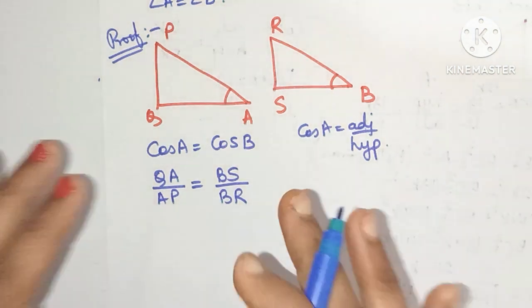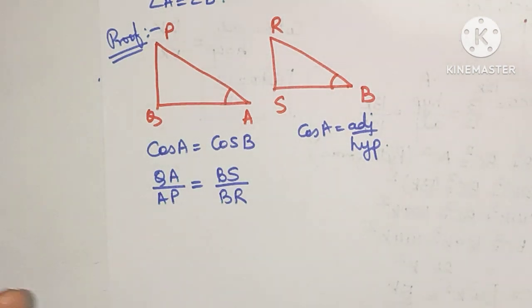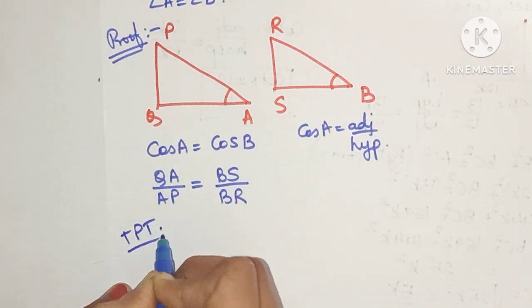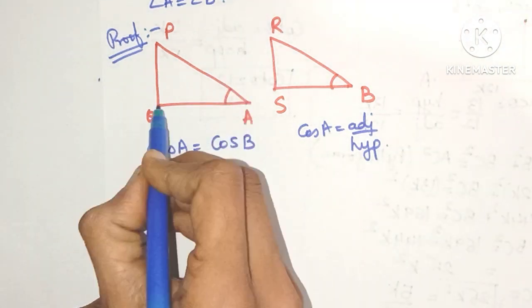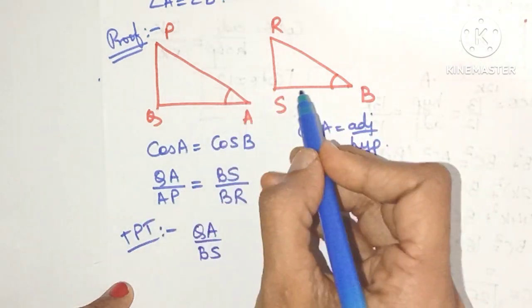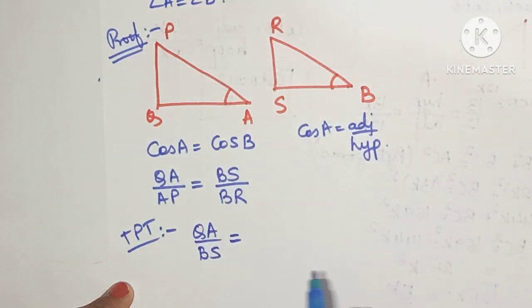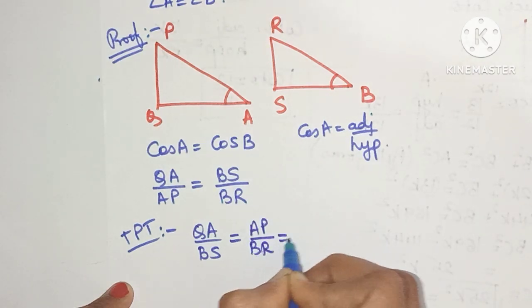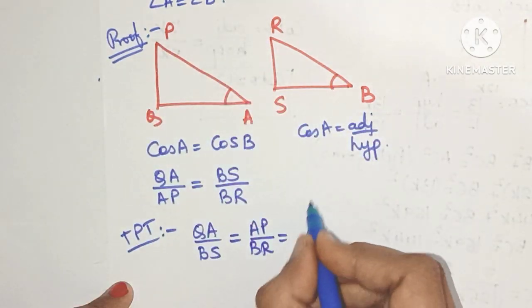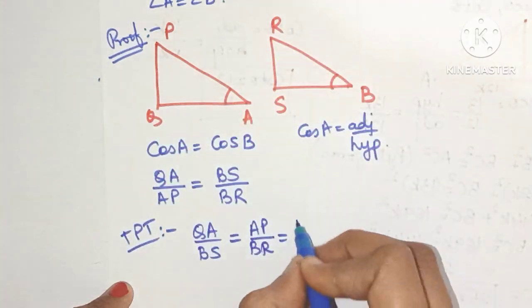Now with what data is given, you can try to prove that the corresponding sides are in the same ratio. Okay friends, so what I mean by that is, if I somehow prove that QA by BS, see I'm taking the corresponding sides of the two triangles, QA by BS equal to AP by BR, AP by BR equal to PQ by RS.